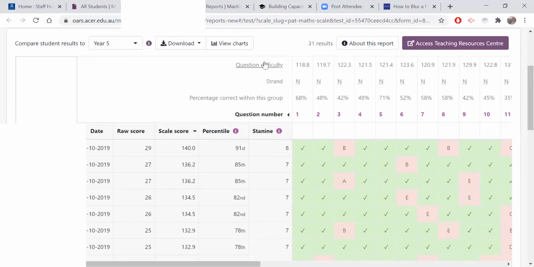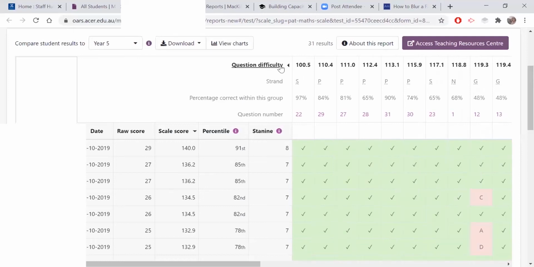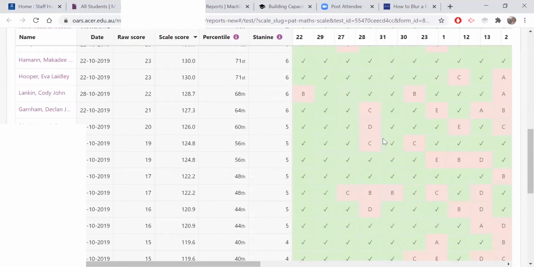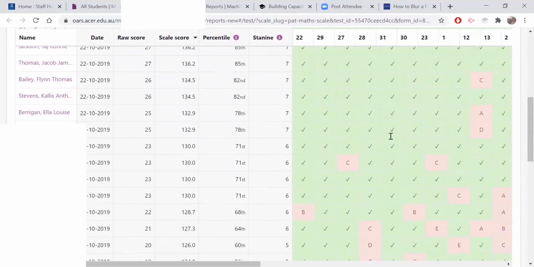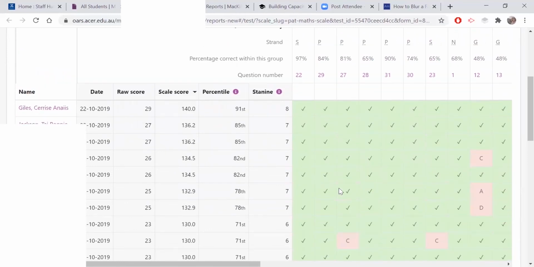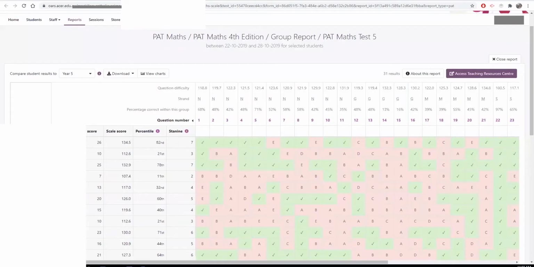The question difficulty ranges, the easiest was 100.5, and the hardest is 134.8. All right, so I usually put them from easiest to hardest just to have a look, and you can see from my view that, you know, the easier the question, the more people get it right.